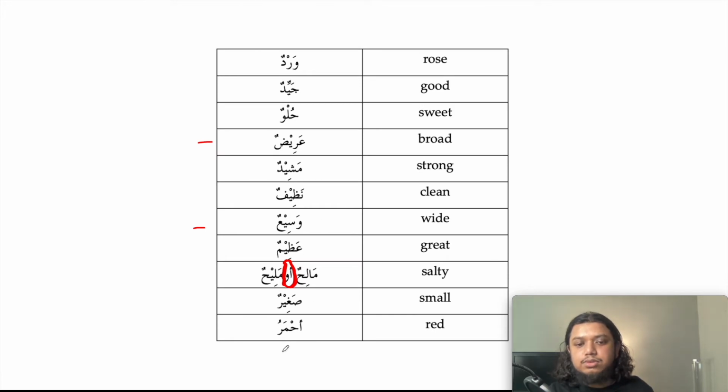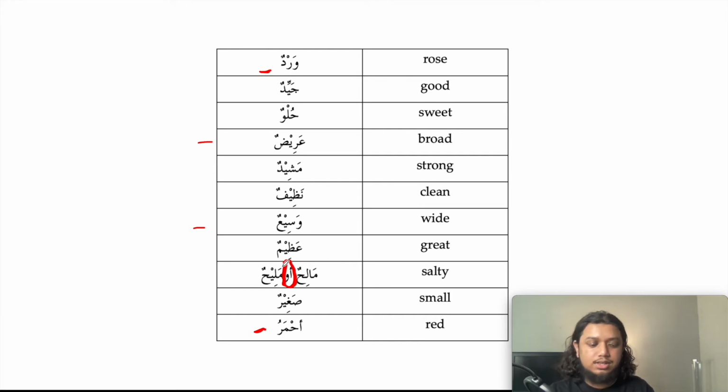And ahmar means red. So ward ahmar means red rose. That's another example of murakkab tawsifi. As I've said, this is a concept that you must understand because you need it in order to read Arabic, in order to speak Arabic, in order to comprehend and understand Arabic.